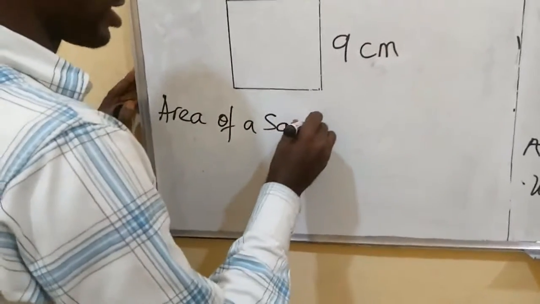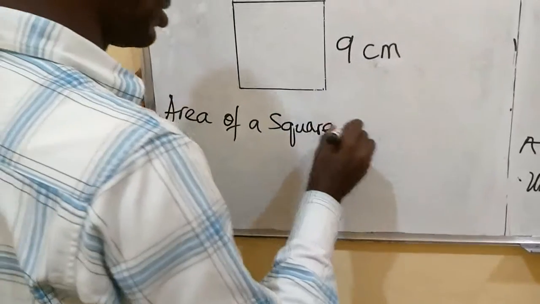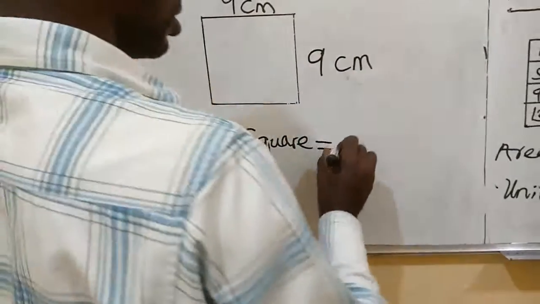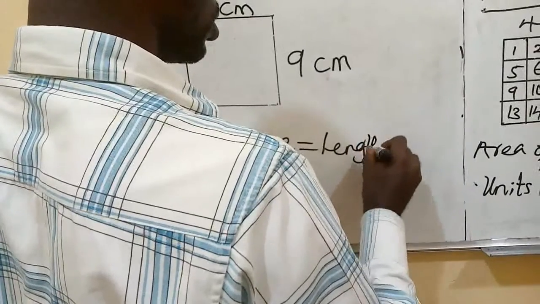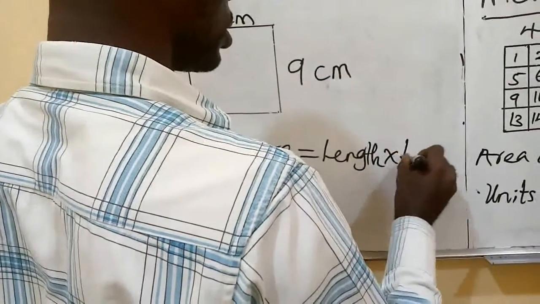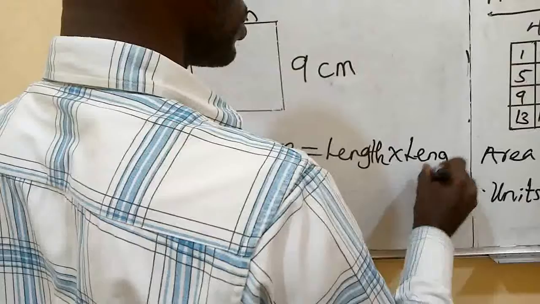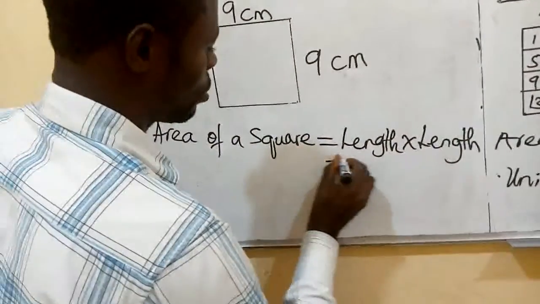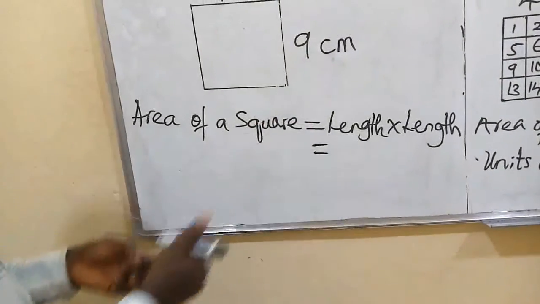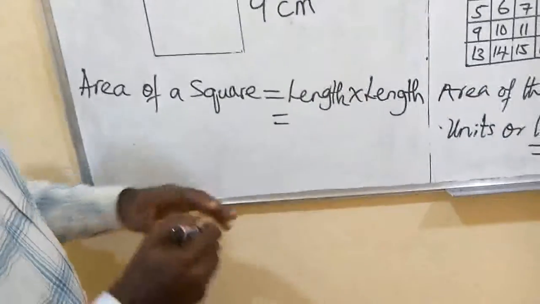The formula for calculating the area of a square is what? Length times length. Length times length, which you can further reduce to L times L, but we're going to stop there.